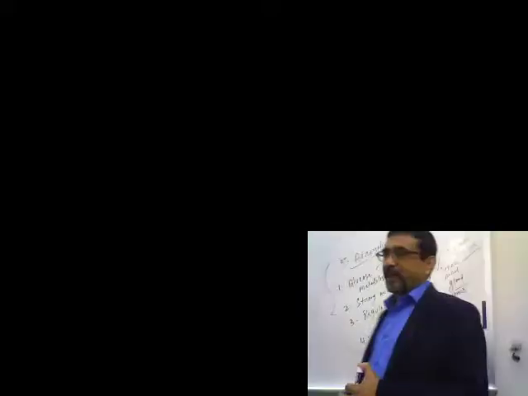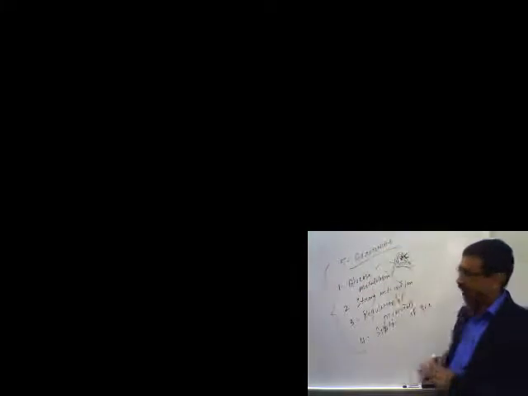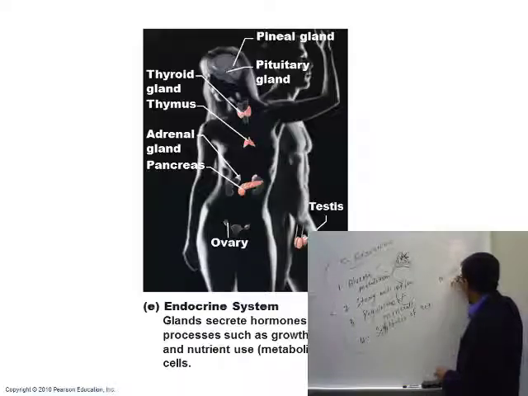Pancreas. Pancreas is a mixed type gland. It is not purely endocrine. All other glands we are talking about are purely endocrine because we are talking about the endocrine system. But pancreas is a mixed type gland, different than other glands.